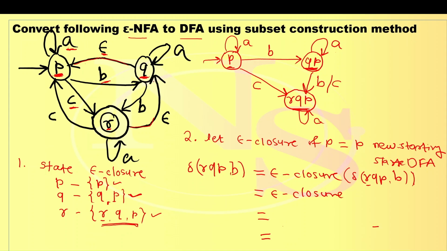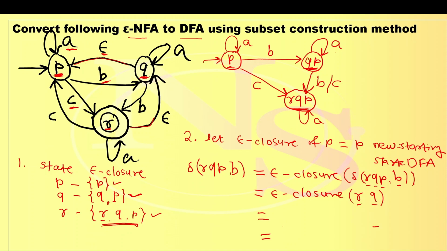Then Q reading B goes to R itself. P reading B goes to Q itself, RQ. So for all these three states we need to find the transition for B. If you go to the sim directly, for R there is no transition for B. Q, transition for B going to R, that we have written here. Transition for P reading B going to Q, that we have written here.